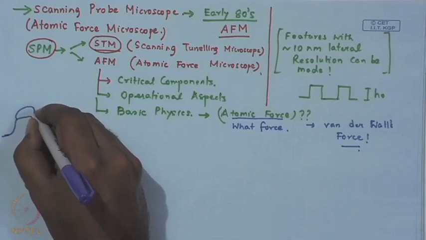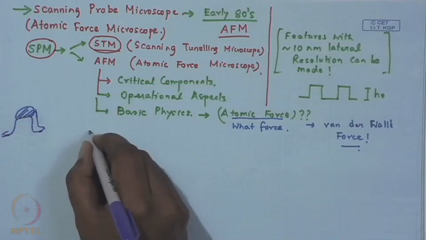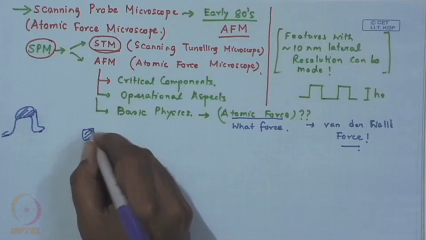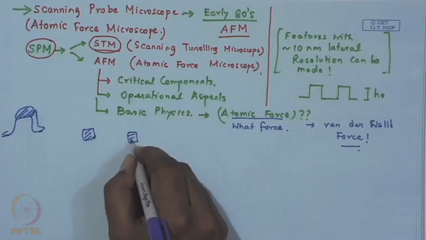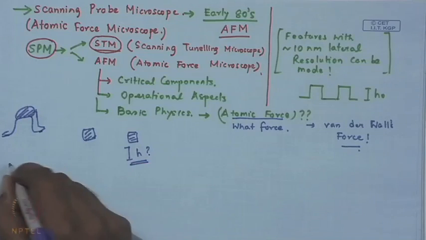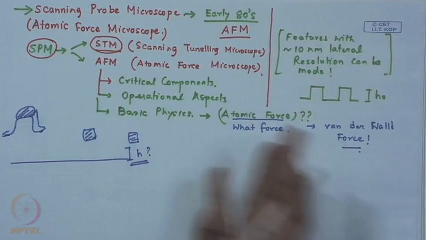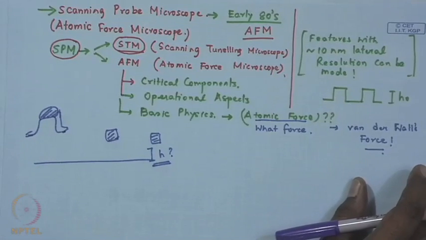So, in a normal microscope, if you have, let us say, a feature like this, you will see something like this. In an AFM you will not only see that, but you will also get an idea about height. Okay. So, in a nutshell, this is one of the major advantages that an atomic force microscope or an SPM group of methods gives.